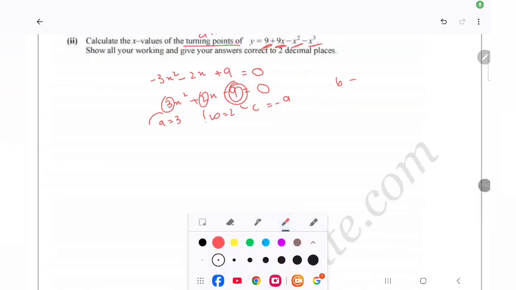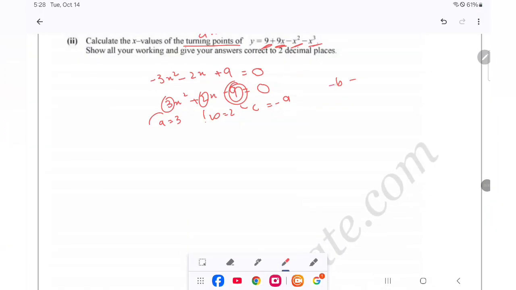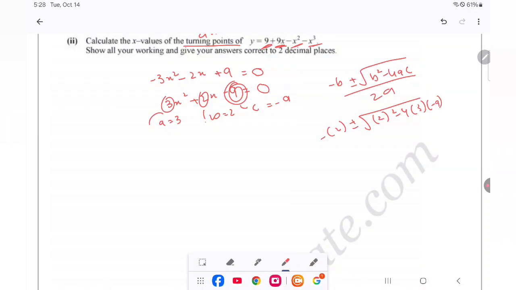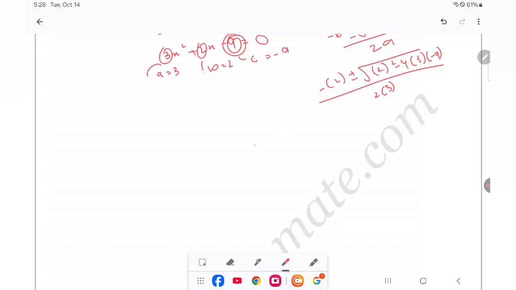So we can apply the quadratic formula: negative B plus minus the square root of B square minus 4AC, over 2A. B is our 2, plus minus 2 square minus 4AC over 2A. Furthermore, it will give you the two values of x.